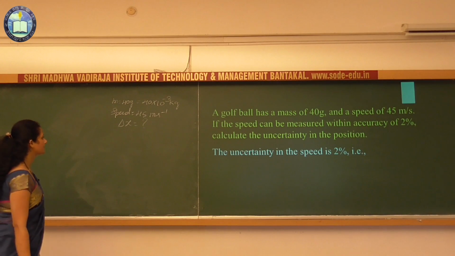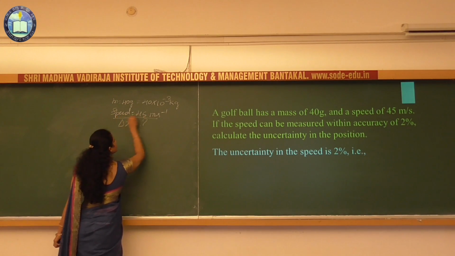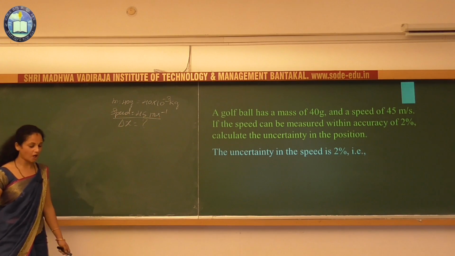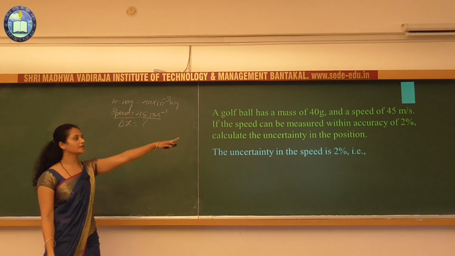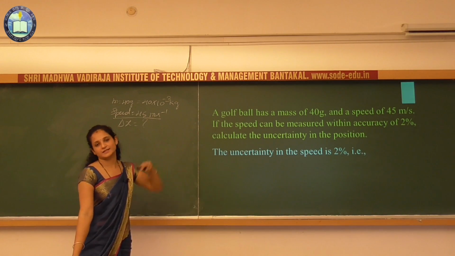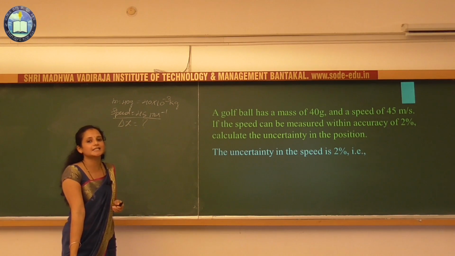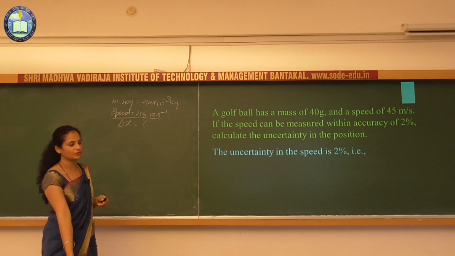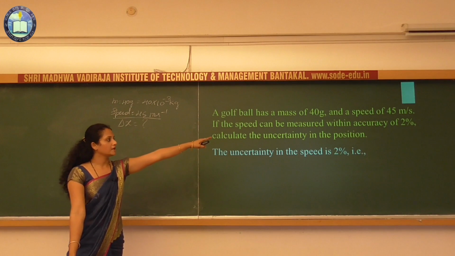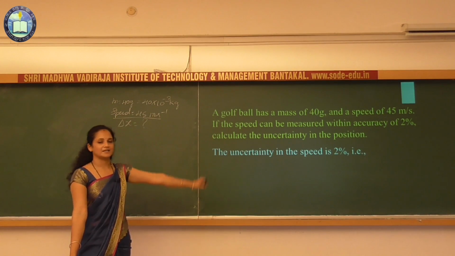See, here delta v is not given, but they have mentioned the speed, the velocity of that ball, that is 45 meter per second. Then what will be the uncertainty in velocity? That we have to find out first. Accuracy is how much? 2%.